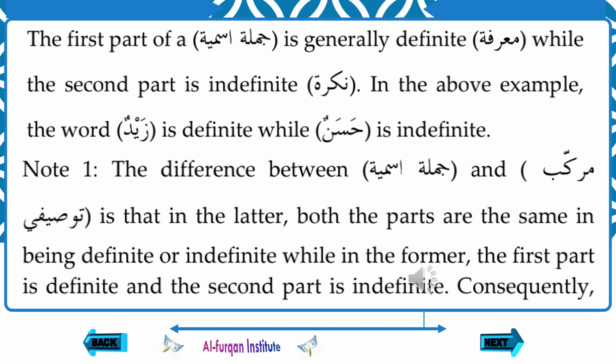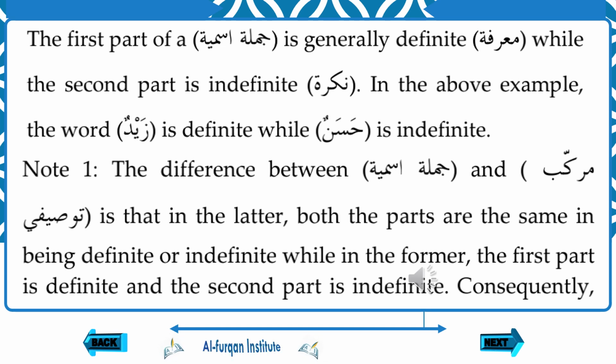Note 1, the difference between jumlat ismiyya and murakkab mutawsifiyya. If you recall, the murakkab mutawsifiyya is the adjectival phrase that we learned in lesson 3. In the murakkab mutawsifiyya, both parts are the same in being definite or indefinite, while in jumlat ismiyya, the first part is definite and the second part is indefinite.